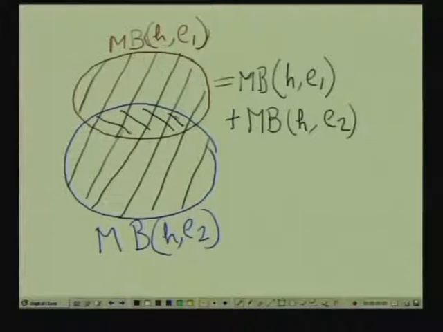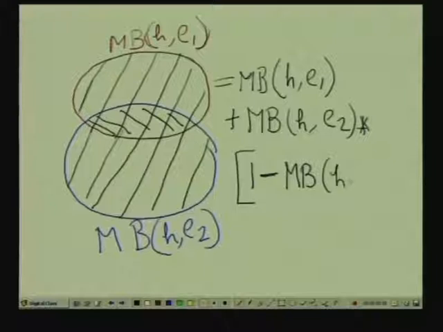So, I must subtract that. This part is coming twice. So, I will not take this entire part, but a part of that. So, I multiply this with 1 minus MB(H|E1), right.